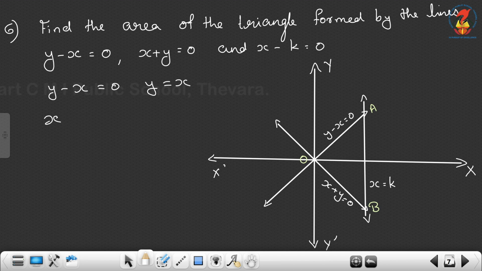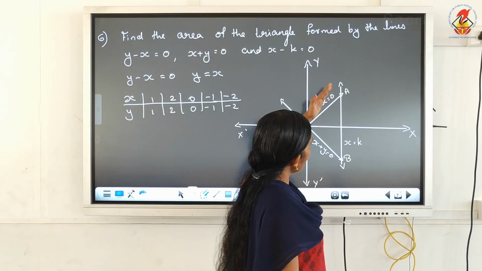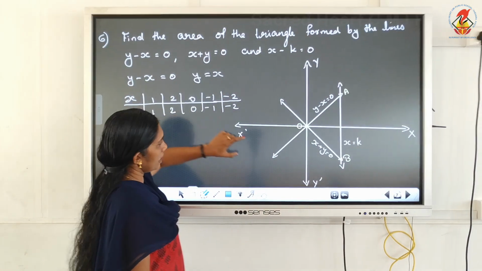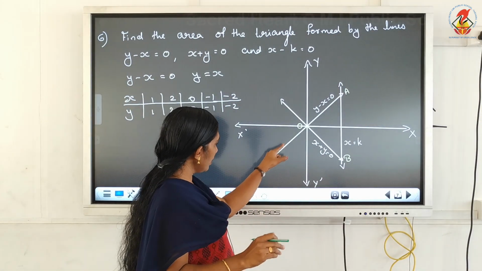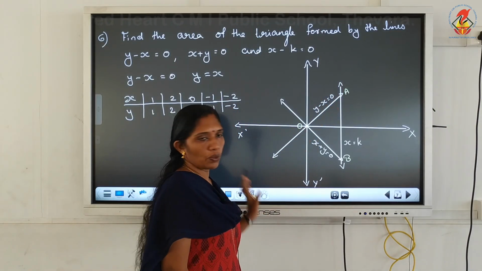When we draw the table for drawing the graph, when x is 1, y is 1, x is 2, y is 2, 0, 0, minus 1, minus 2, like that. So, it is the line through the origin. When x and y are positive, it is in the first quadrant, and when x is negative, y is also negative, in the third quadrant. So, the line passes through the origin in the first quadrant and third quadrant.